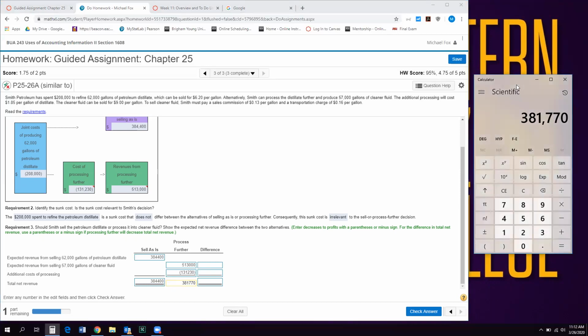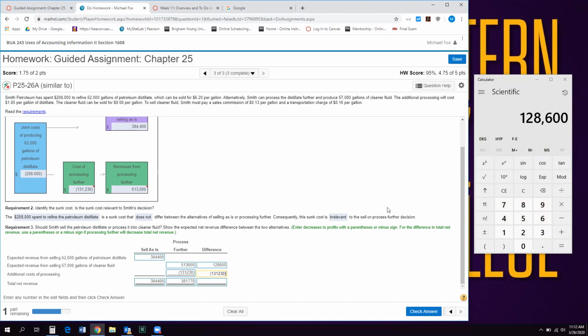So if we say 513,000 minus 384,400, it's 128,600 minus 131,230.